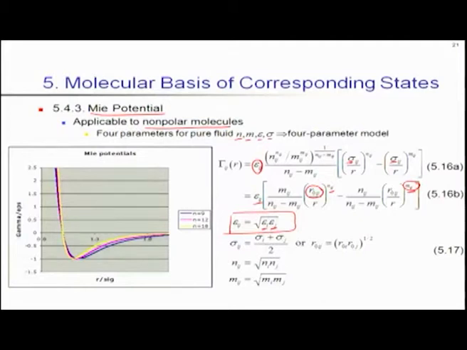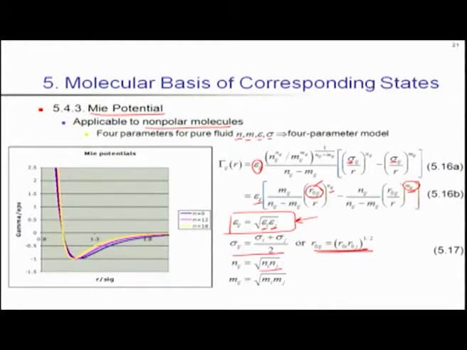Sigma ij is nothing but the average of the diameters. Similarly for sigma, we can consider this or we can also consider it in this form. One of the important things is that this has a very sound statistical mechanical origin, whereas this is a bit of a weak approximation. So, we can consider either this or that. n_ij is considered the geometric mean of n_i and n_j, and m_ij likewise with m_i and m_j. If it is a pure fluid, of course, this becomes much simpler, but this is applicable to a mixed system.